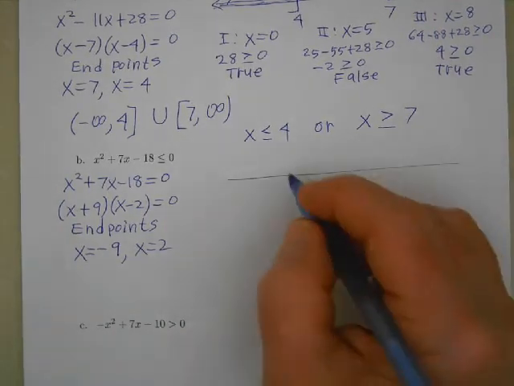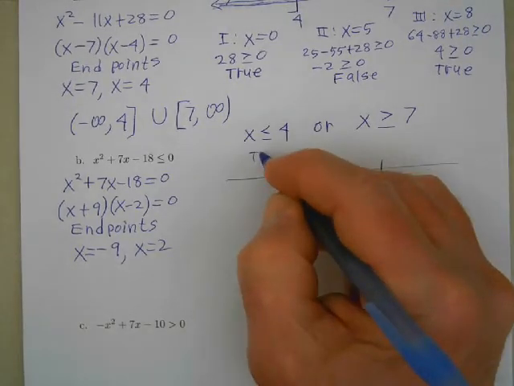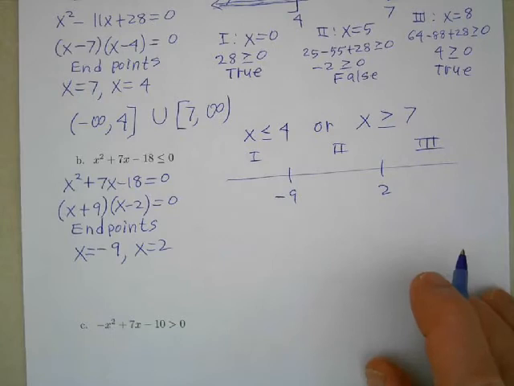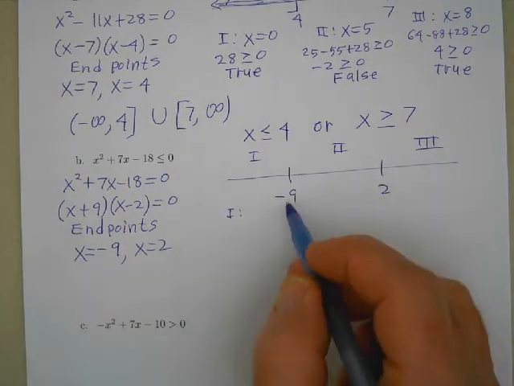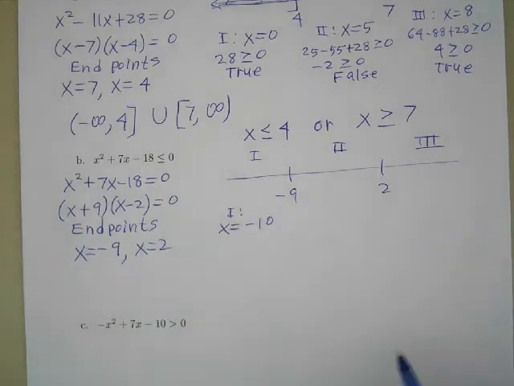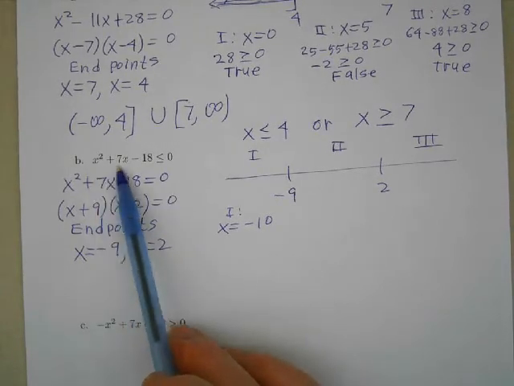So this time we plot negative 9 and 2. We have 3 intervals to test, just like in the previous example. So on the first interval, pick any number you want less than negative 9. I'll pick x to be negative 10. And then in the inequality, replace every x with negative 10.